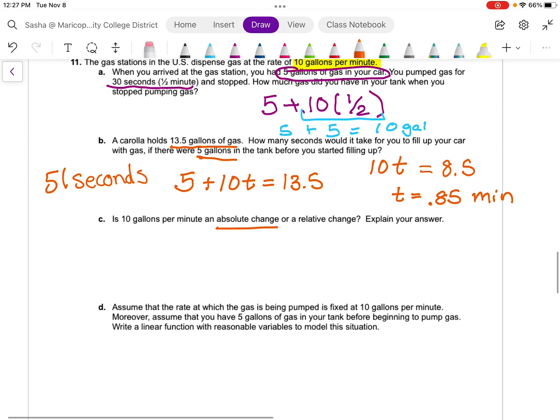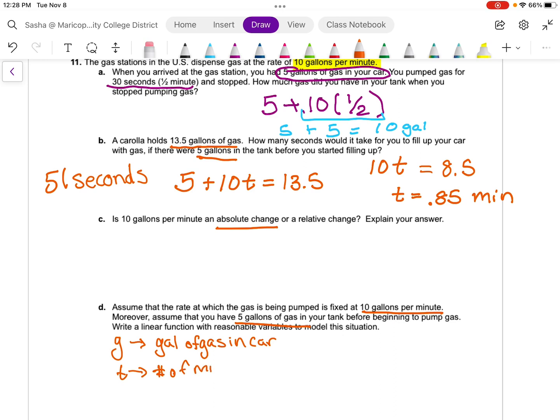And last but not least, they're asking us to write a function. So given that 10 gallons per minute and starting with 5 gallons, can we come up with a function that would tell us, given a certain amount of time, how much gas we would have in our car? And so I'm going to make G the gallons of gas in car, and T is the number of minutes pumping gas.